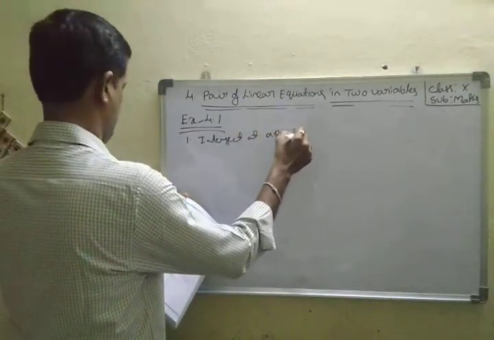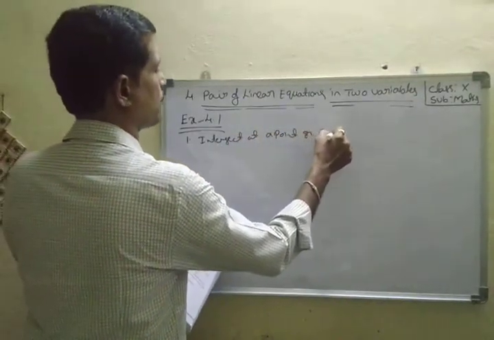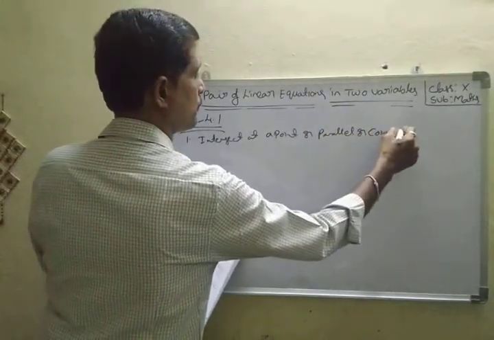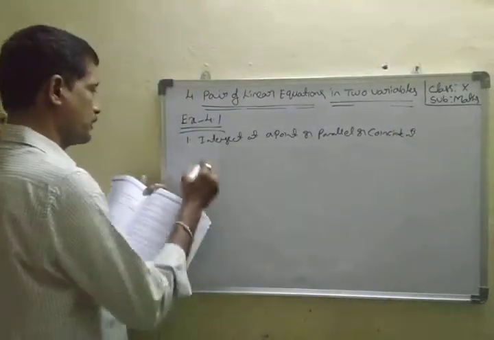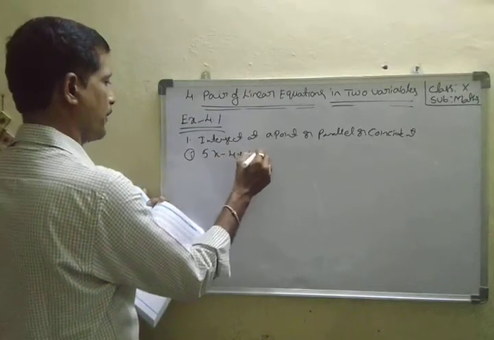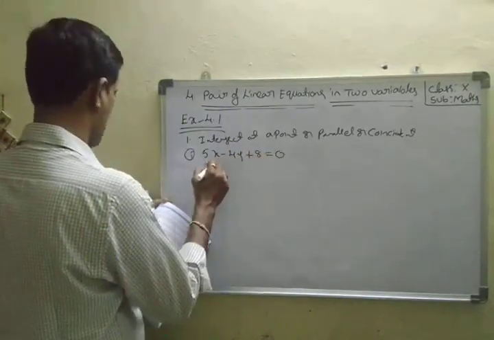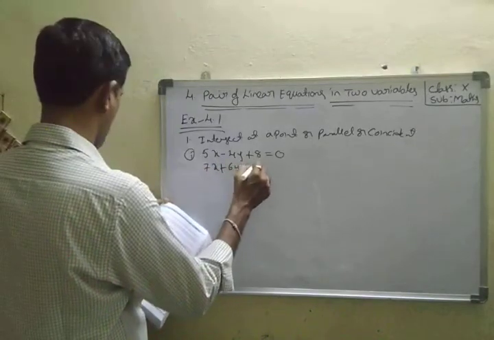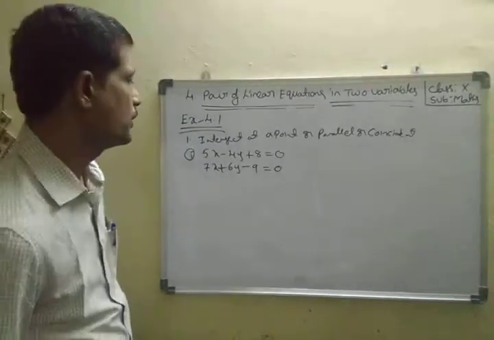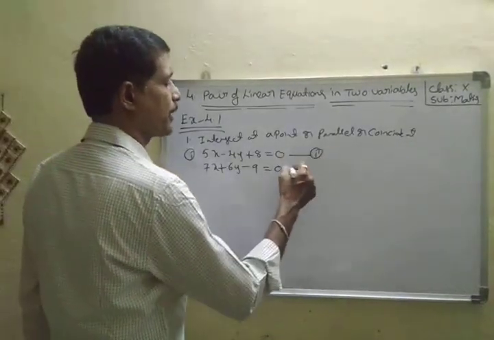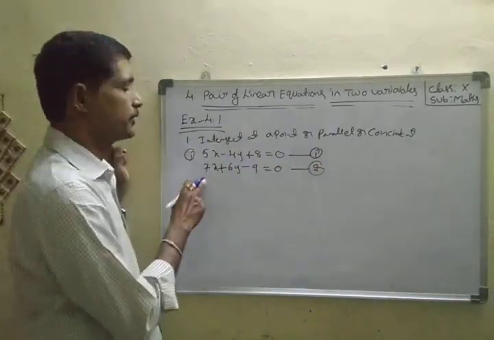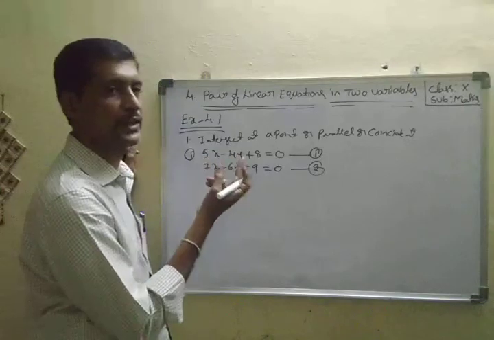First one is 5x minus 4y plus 8 equal to 0, and 7x plus 6y minus 9 equal to 0. This is the first equation. Given equations: 5x minus 4y plus 8 equal to 0, and second, 7x plus 6y minus 9 equal to 0.